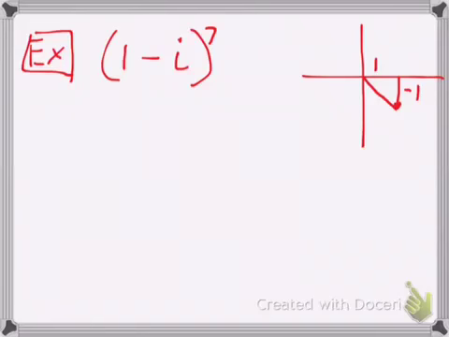What's the magnitude of this number, the absolute value of this number? 45, 45, 90. What's the length of the hypotenuse? Square root of 2. So the magnitude is the square root of 2. That's my R value. The angle that I'm going to use is negative pi over 4.